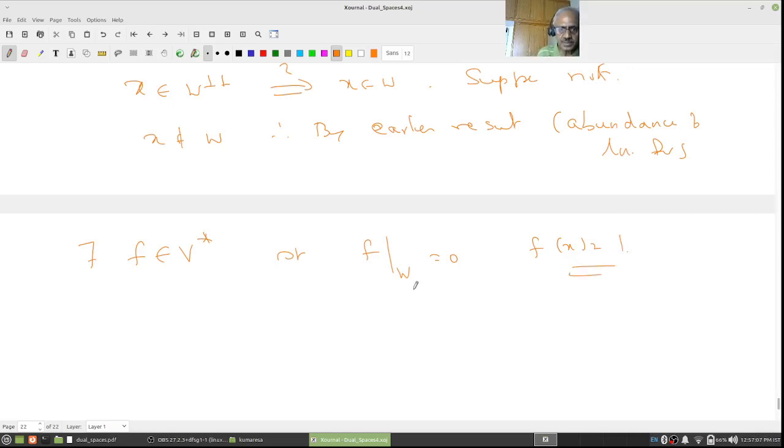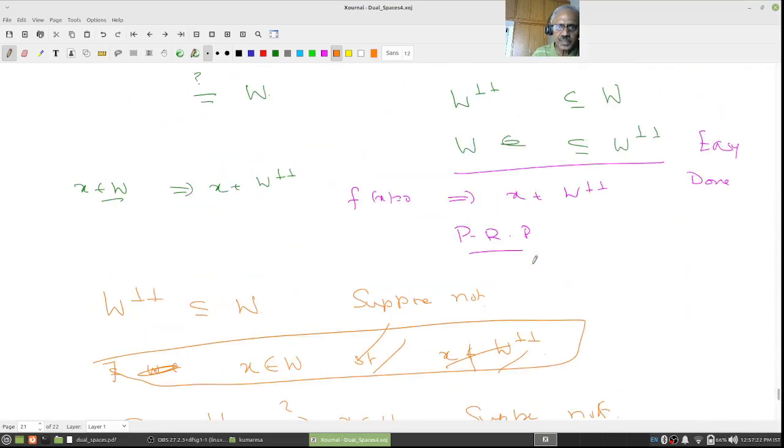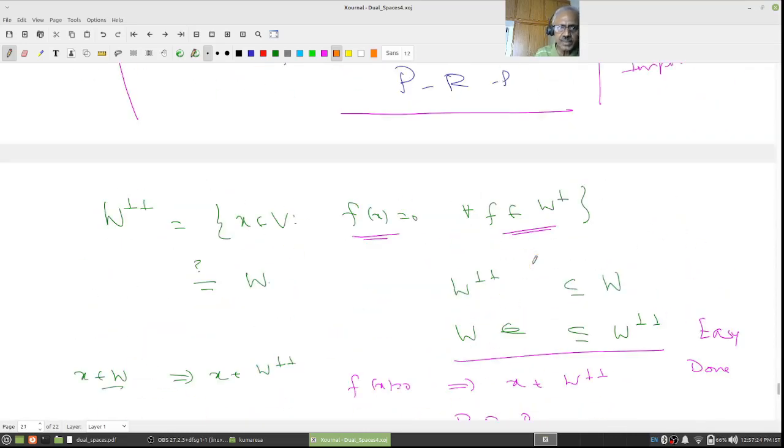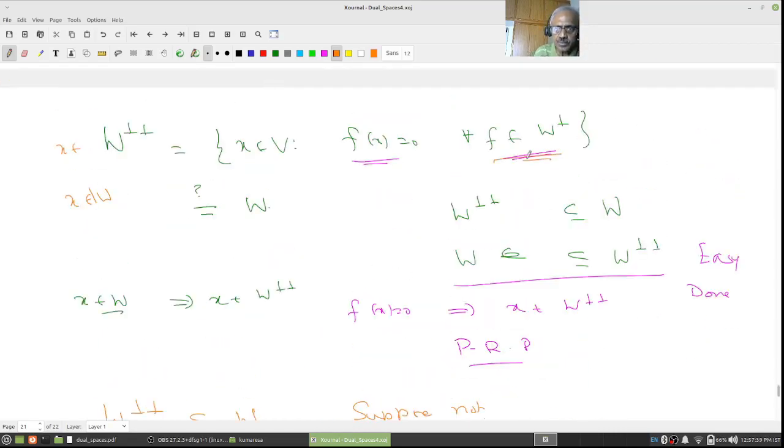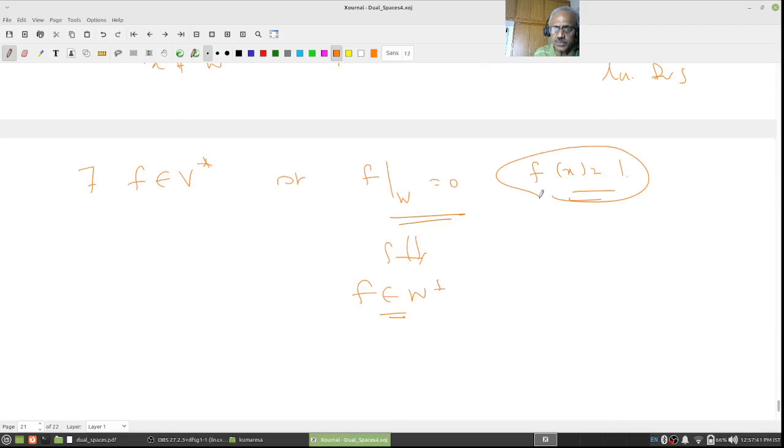You understood that? Since f restricted to W is 0, this means f belongs to W perp. But then f of x is equal to 1. That's a contradiction. What does it contradict? Because W double perp is the set of all x so that f of x is 0 for every f in W perp. Since x is in W double perp and not in W, I produce an element f in W perp, but that f of x is equal to 1.